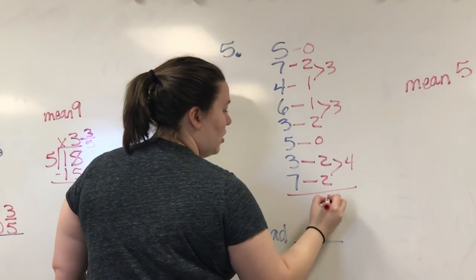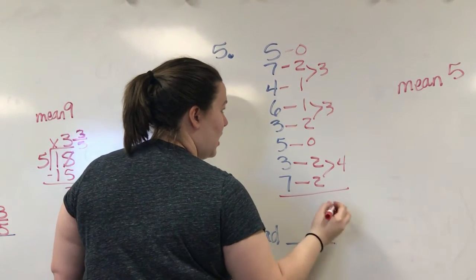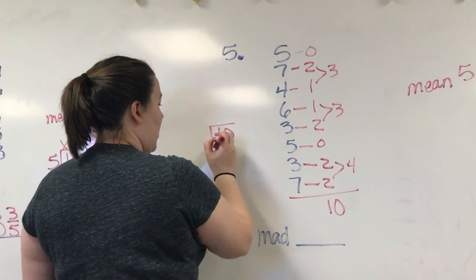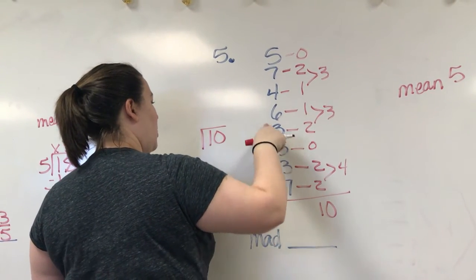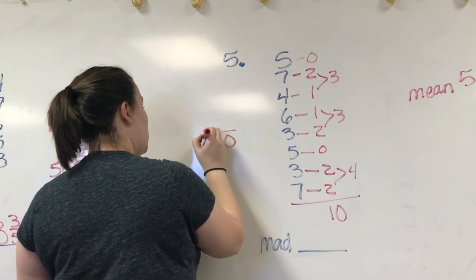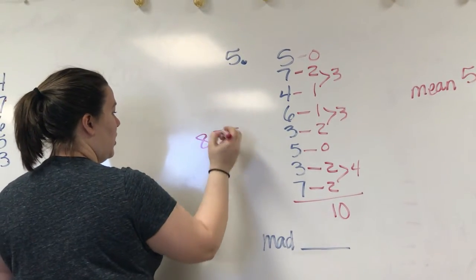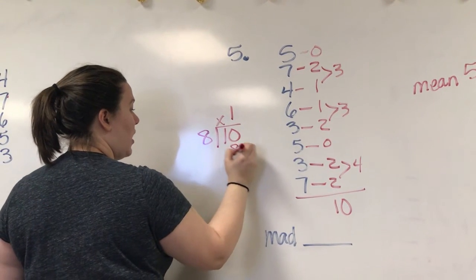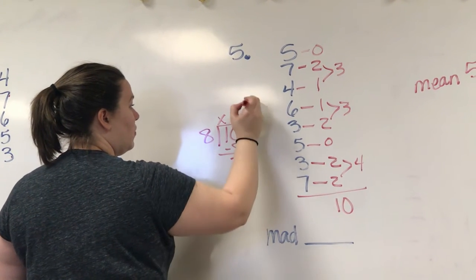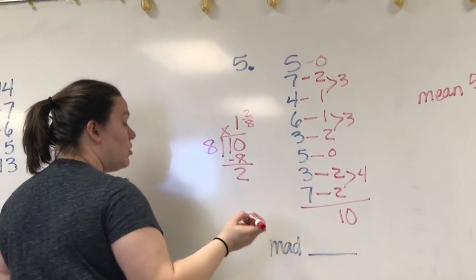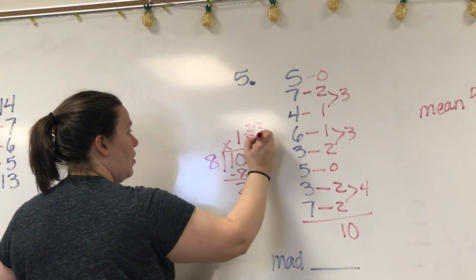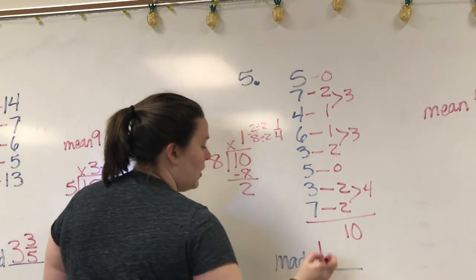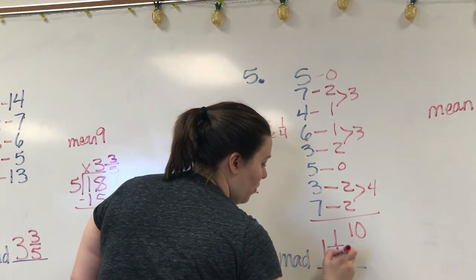The answer is 10. 10 divided by how many there were? 1, 2, 3, 4, 5, 6, 7, 8. 8 cannot fit into 1. 8 can fit into 10 just one time. With 2 left over, it would be 2/8, but I can reduce that down by 2 to 1/4. The mean of absolute deviation is 1 and 1/4.